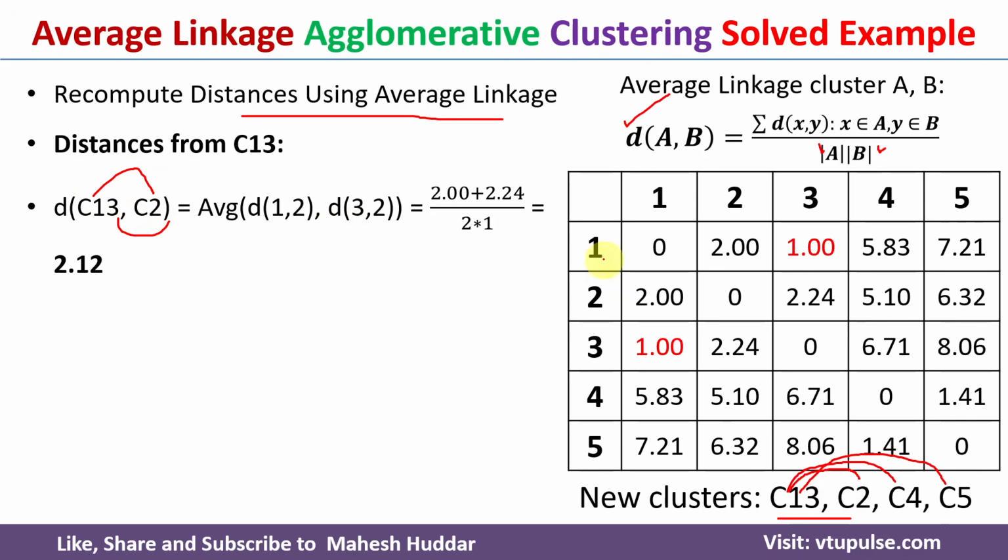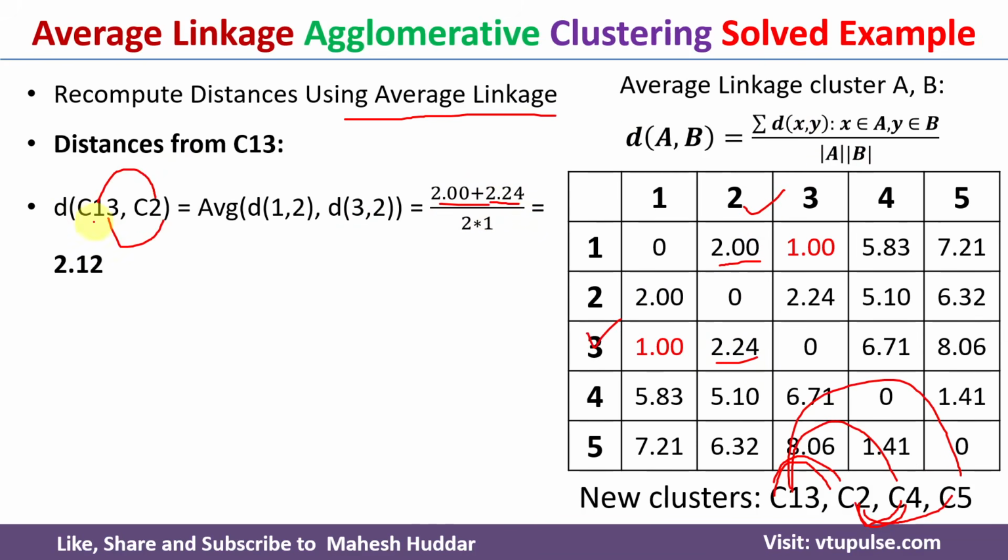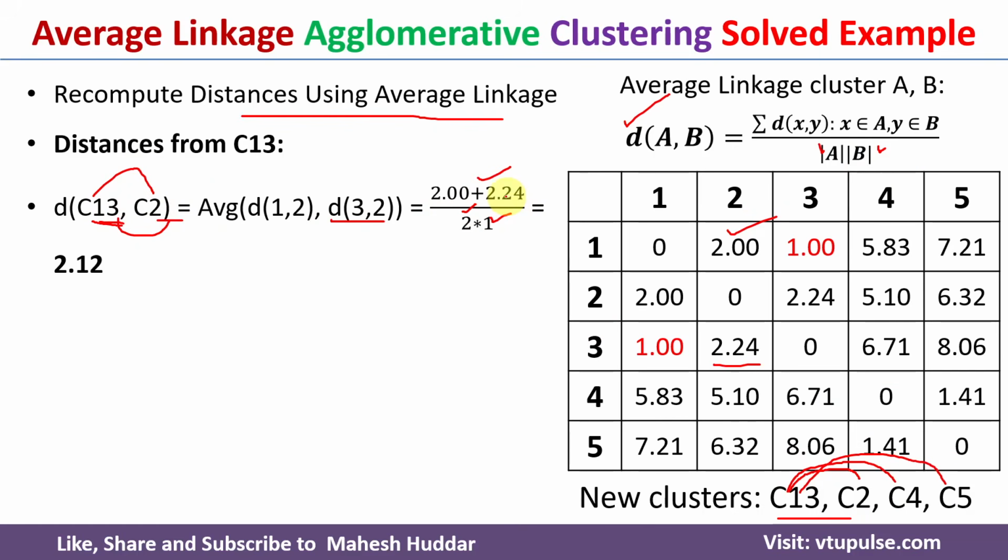The distance between 1 to 2 is 2 and the distance between 3 to 2 is 2.24. That is what I have written here. Divided by the length of A. Length of A means how many data points are in the first cluster. You can see here in the first cluster we have 2 data points, so 2 multiplied with the length of B, which is equal to 1, because in the second cluster we have only 1 data point. Once you do the calculation, we will get the distance between the clusters C13 and C2 as 2.12.